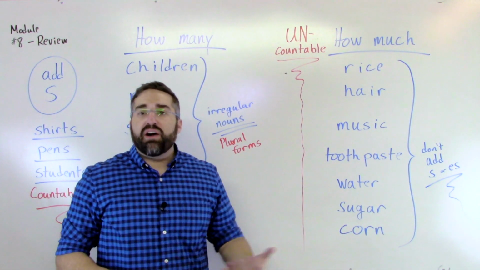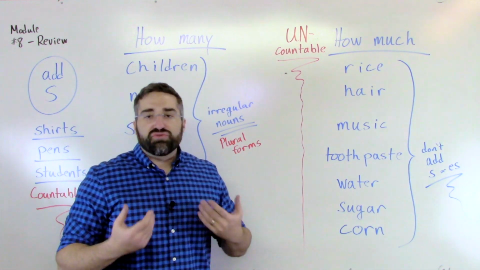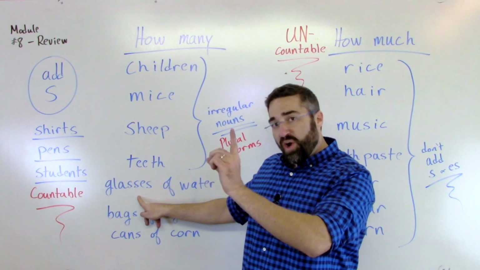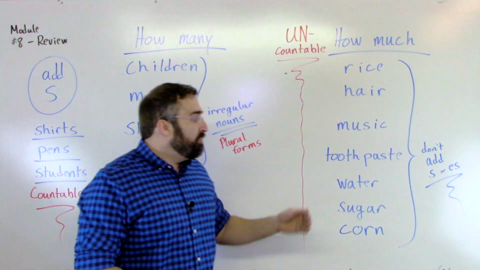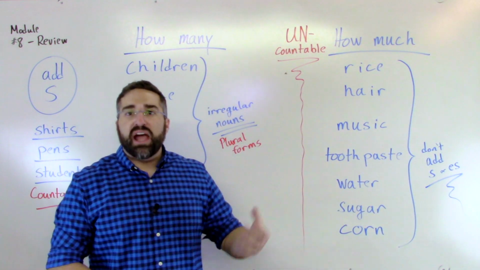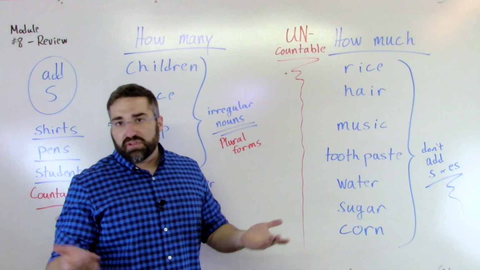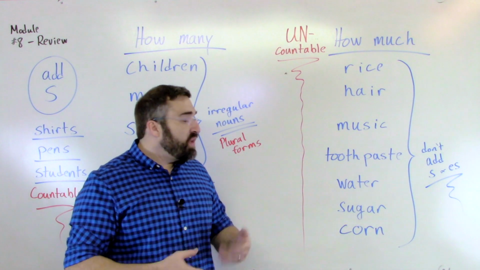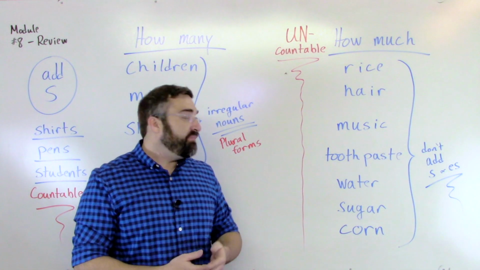Water, you can't count water. You can drink water, you can put it in a glass, and then you can count it as 1 glass of water. But you can't count how much water's in the ocean, right? You can't count how much water is in a river, so we cannot count that.